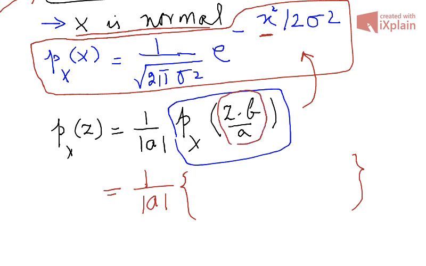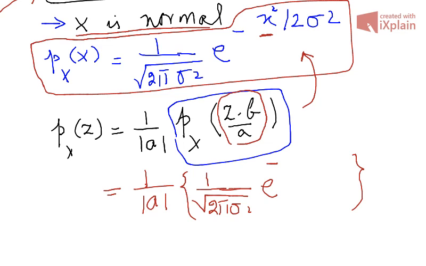So if you replace that value, it would become 1 over 2 pi sigma square, and then e raised to the power negative square of the variable.